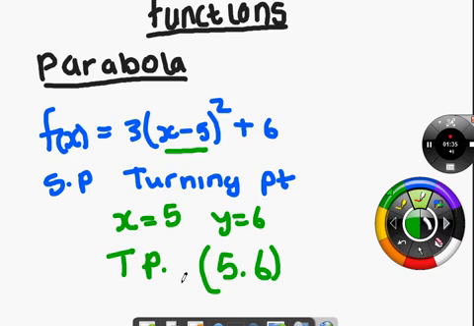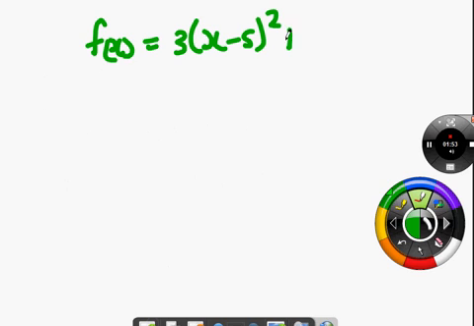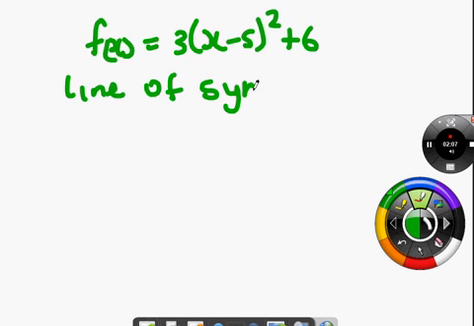After you've found the turning point, the next thing you're going to do is to find the line of symmetry. Again, our equation is f of x is equal to 3 bracket x minus 5 squared plus 6, and the line of symmetry is obtained from the equation just by inspection also, and it is the x ordinate of the turning point.